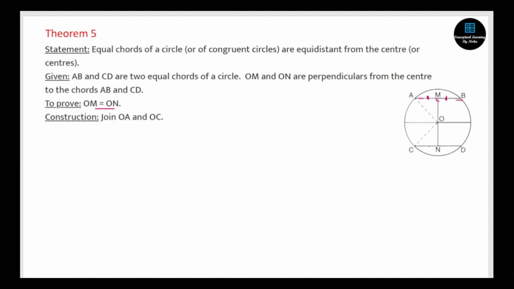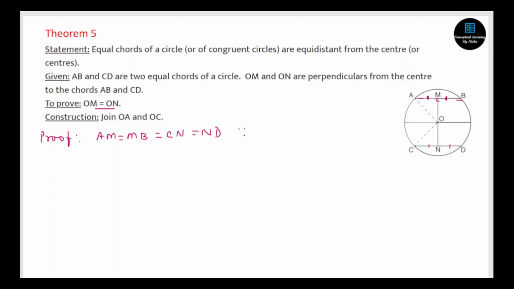Same way N is the midpoint of CD. But as AB and CD are equal chords, what I can say, AM is equal to MB is equal to CN equals ND. So I'll first of all write this. AM equals MB equals CN equals ND.